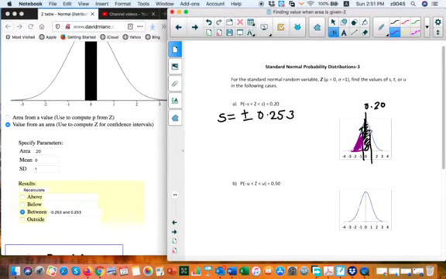If this is 0.20, the remaining area, which is the colored part, is going to be 1 minus 0.20, which is equal to 0.80. This 0.80 is this and this together. So if I divide it by 2, each area is going to be 0.40.